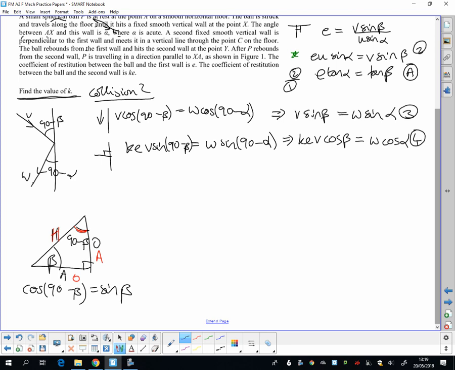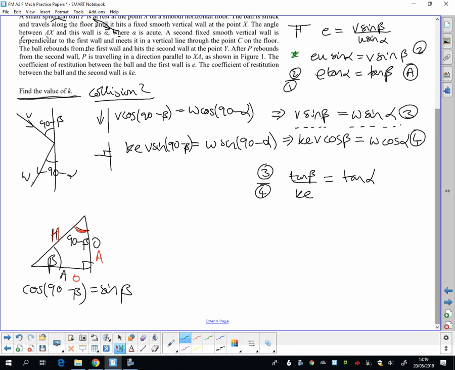And now, just the same way we dealt with collision 1, I can get an equation for beta. If I do 3 divided by 4, you can see the v's are going to cancel. I'm going to end up with tan beta over ke on this side, and on this side I'm going to end up with tan alpha.